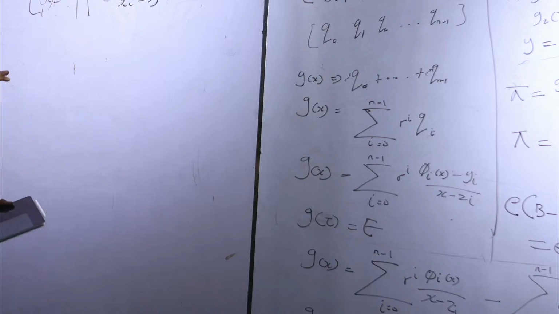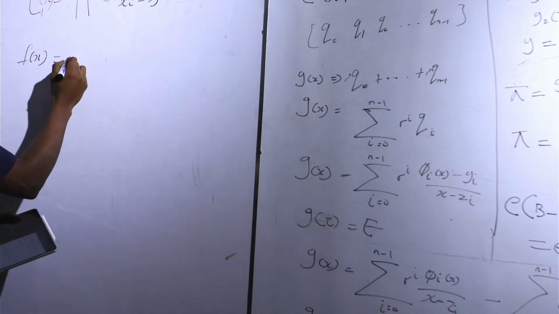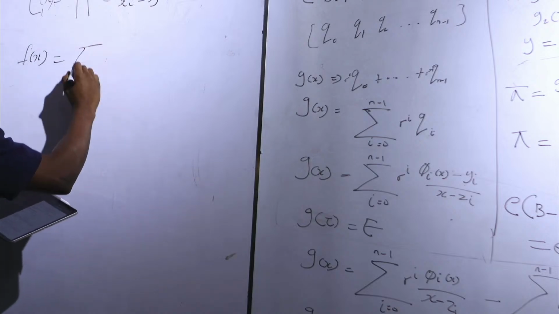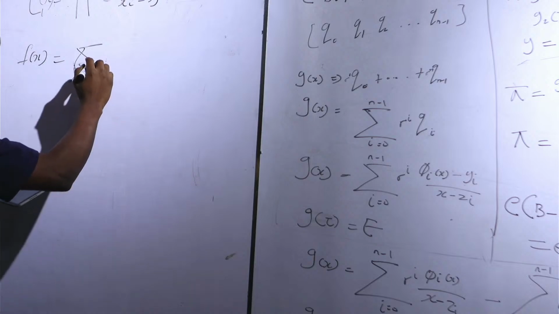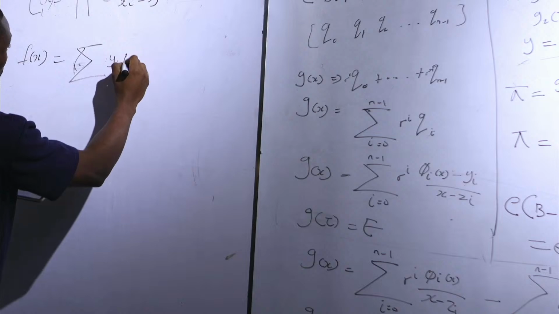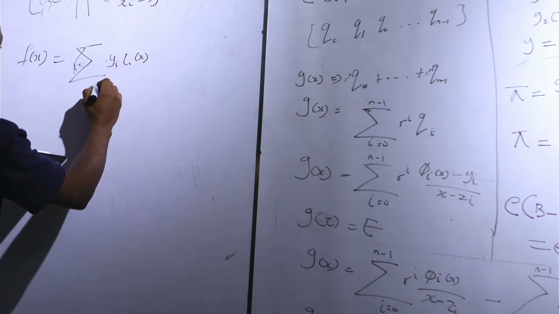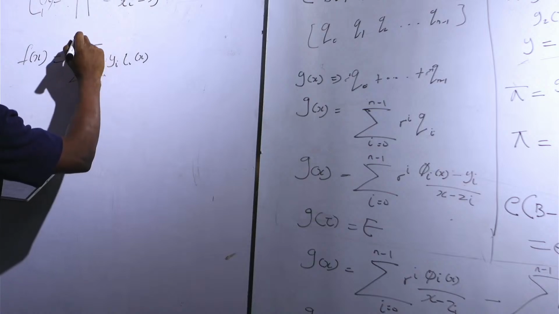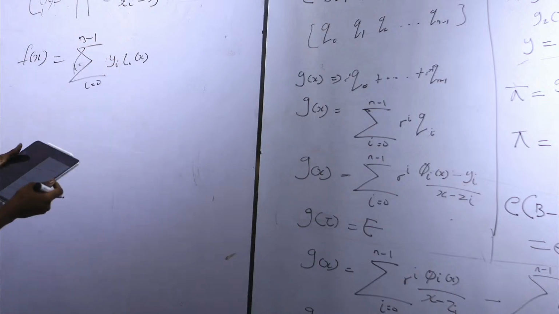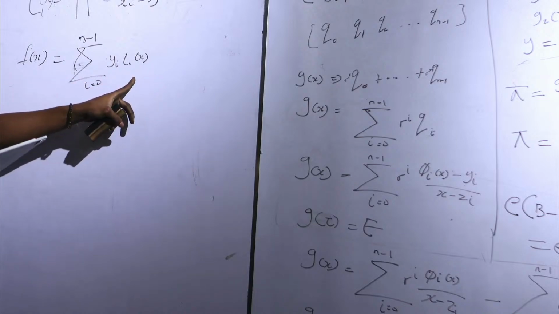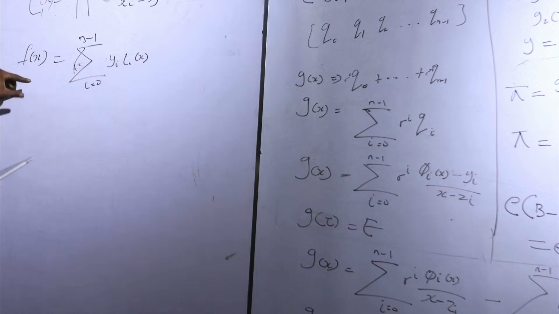So the polynomial f of x will be the addition of all these Lagrange bases. So we can also compute the commitment in this form.